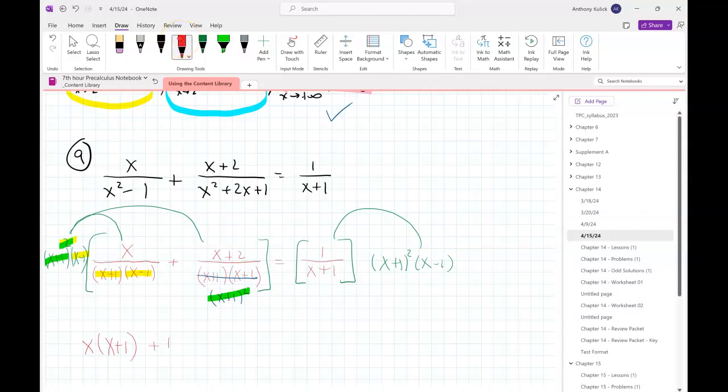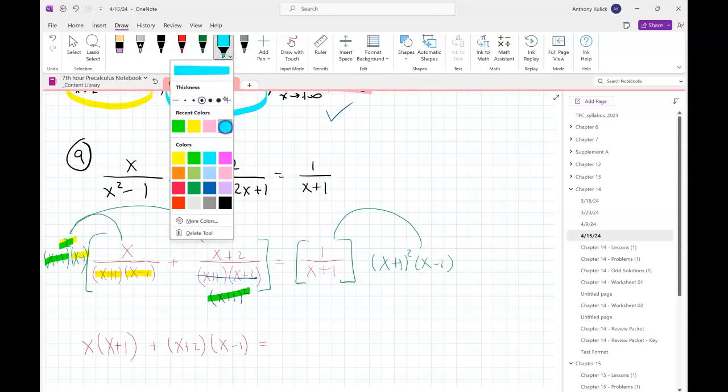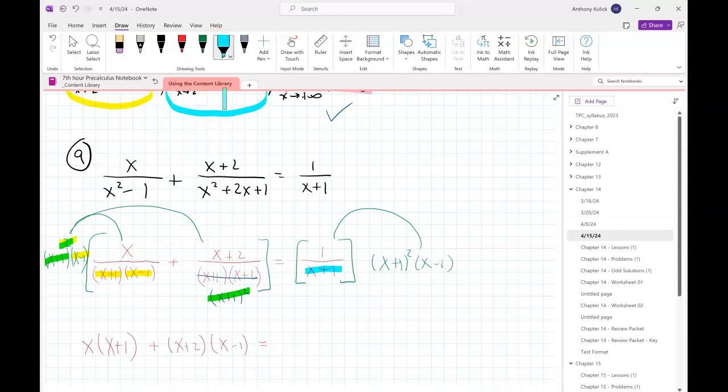So we're left with the x plus 2 and then the x minus 1. And when I multiply over on the right-hand side, one of the x plus 1s cancel. So I have 1 times x plus 1 times x minus 1. Is everybody okay with what we've done so far?